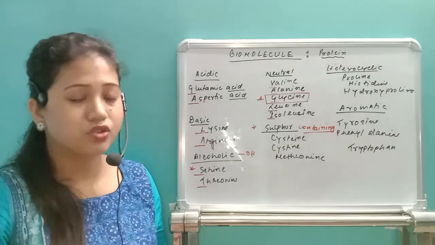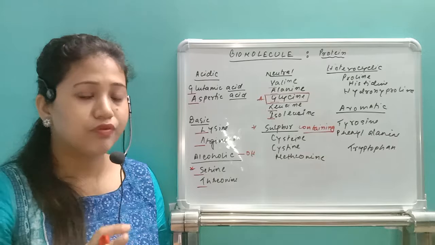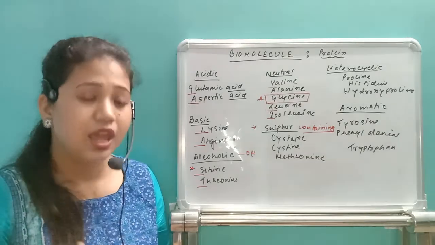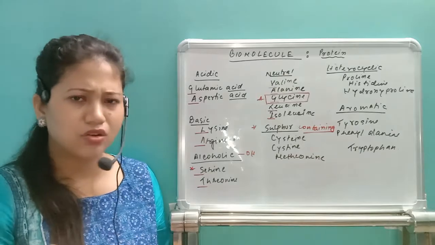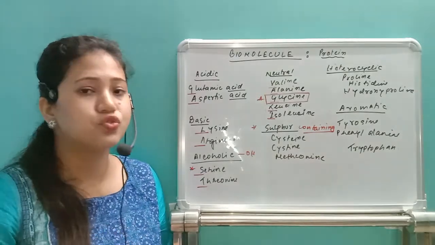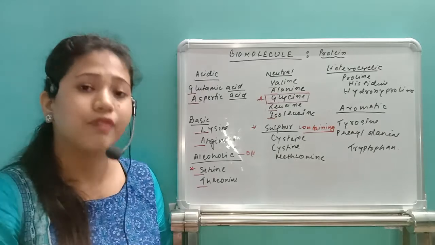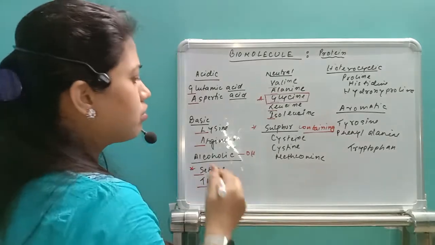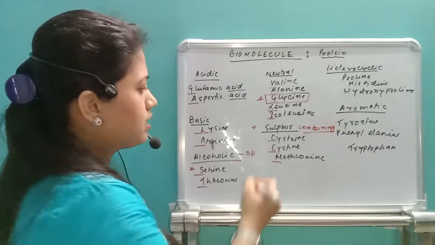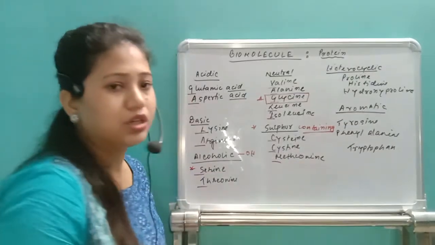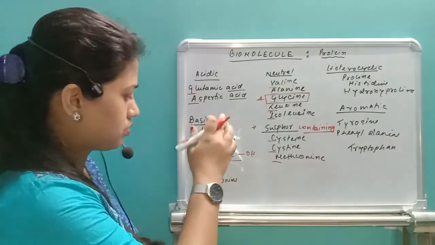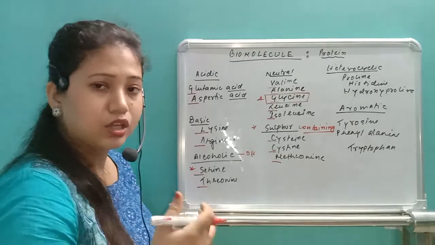In this insulin structure we will see two chains, one is the A chain, another is the B chain. The A chain is attached to the B chain by disulfide bonds. So that's why these two structures are going to be very important. So you remember this thing. This will be CCM. Okay, cysteine, cysteine and methionine. These are going to be very important sulfur containing amino acids. Wherever I make a star, you have to remember it.